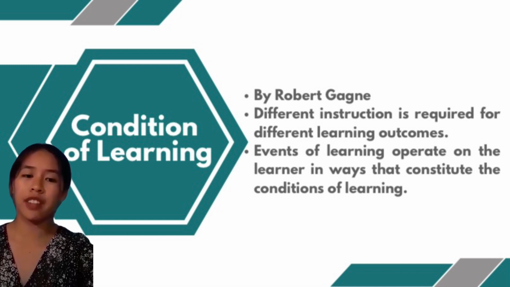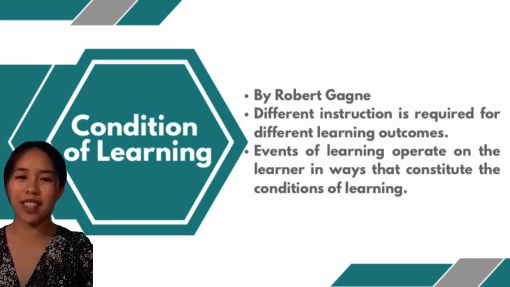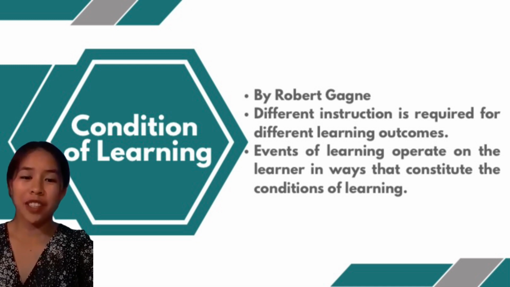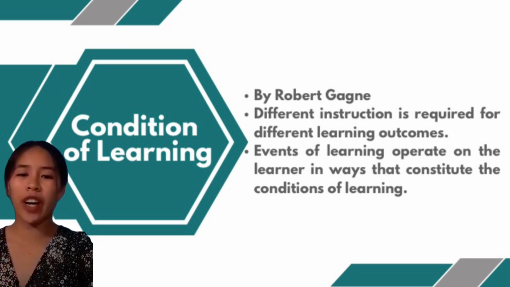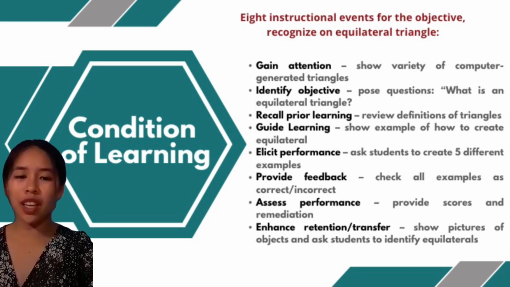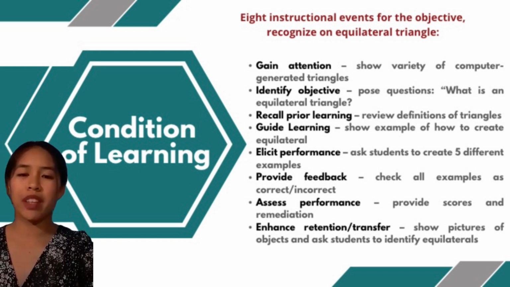Again, each of the individuals, me and you, have different learning processes, which basically means different instruction is required for different learning outcomes. And here are the 8 instructional events stated in conditions of learning theory.